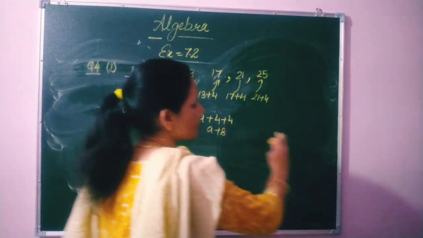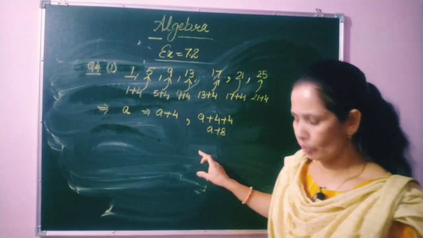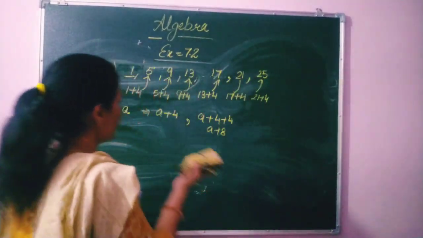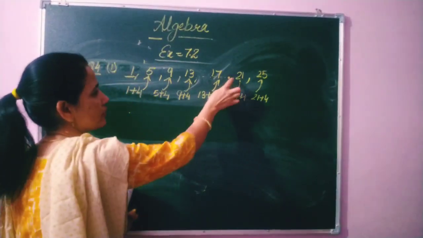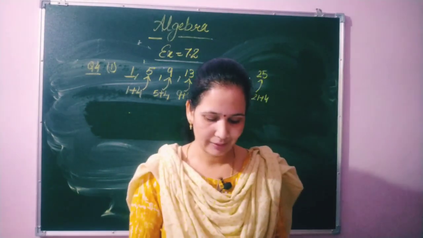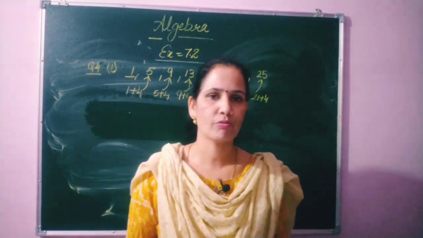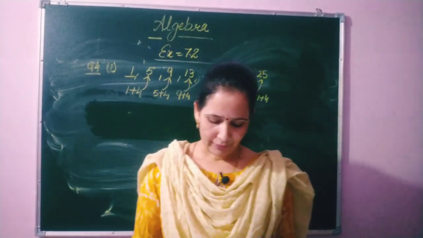So in this way, students, we can write it. Here there is no need to show how the pattern moves; simply write the 3 terms of this pattern and that's all. The same way you have to solve the next 3 parts by yourself, students, as practice. Now question number 5.